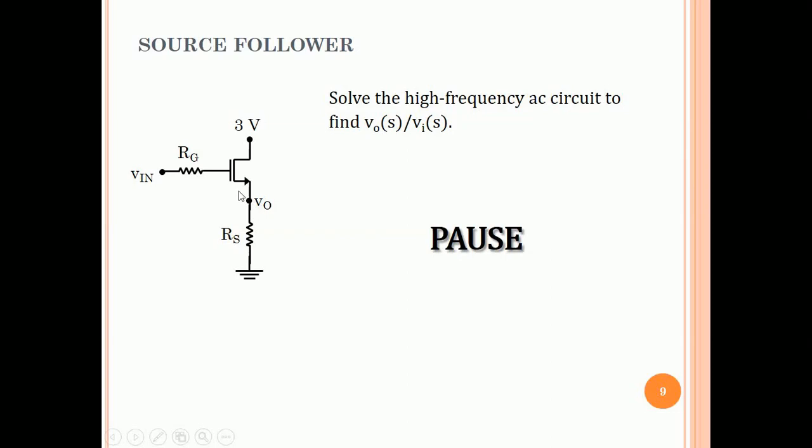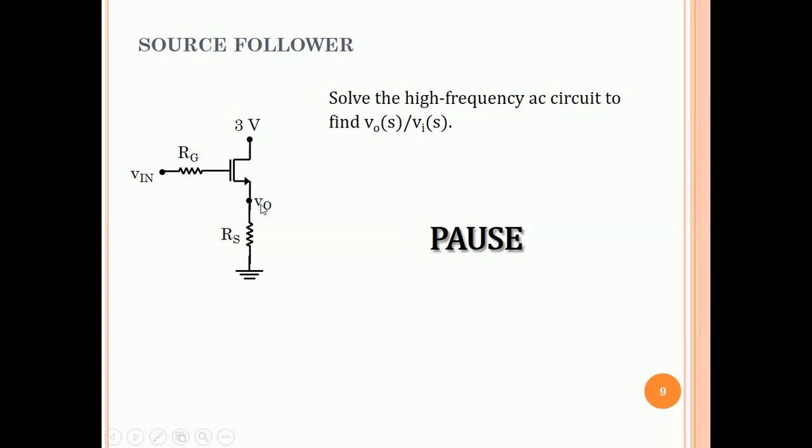We had a 0 in the common source stage also. There of course it was a CGD that was causing the 0. In a common gate there was no capacitance between the input and the output, and therefore there was no 0 in the transfer function. So remember that that is what causes a 0.